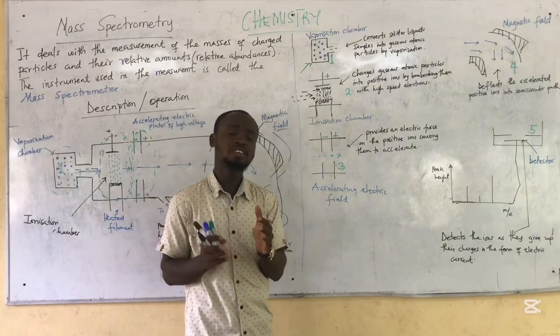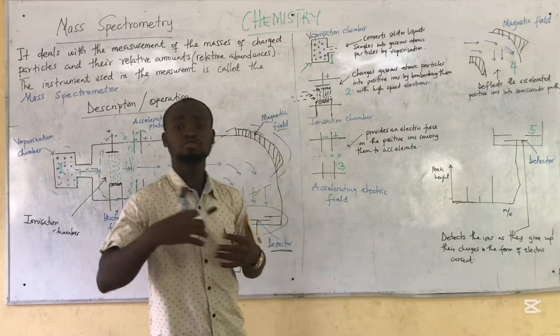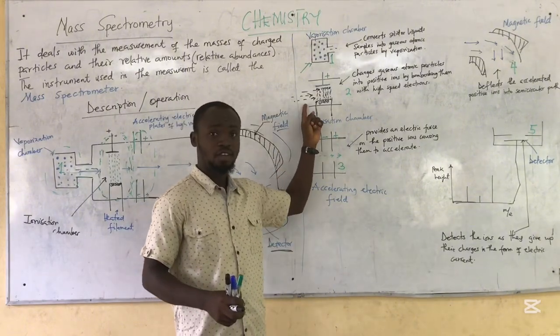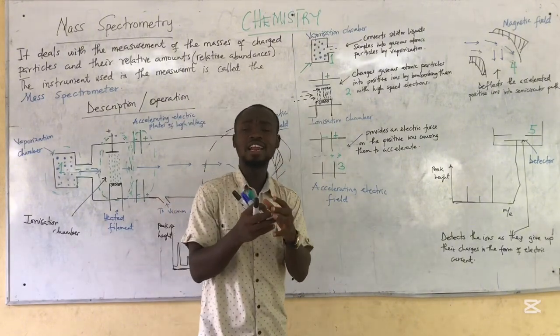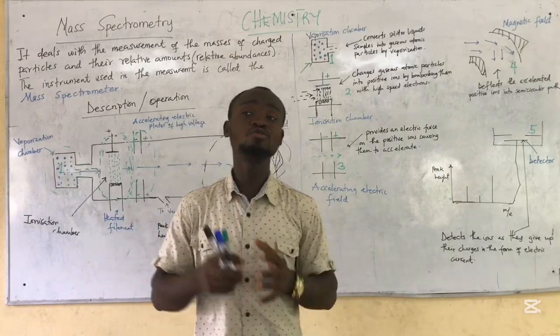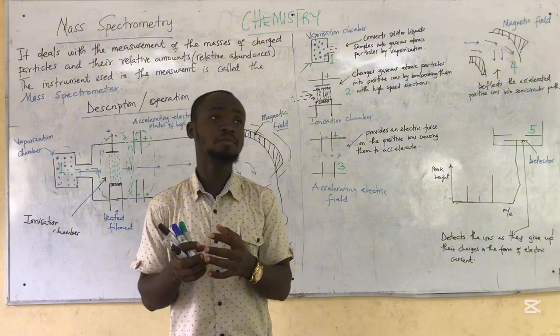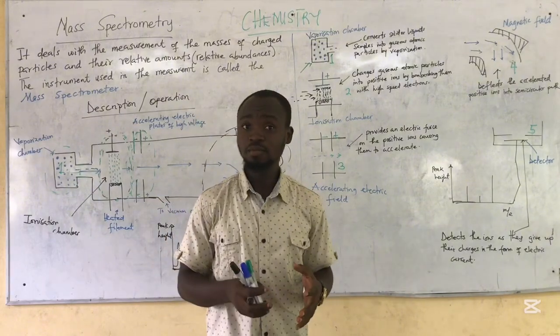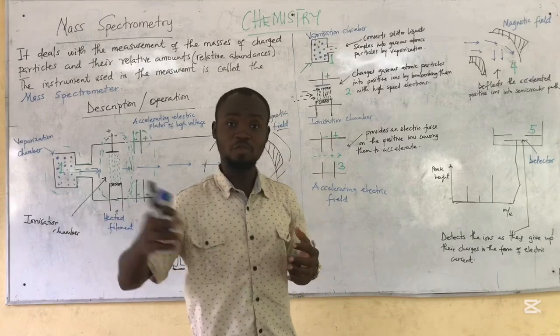Once the collision takes place, they knock an electron out of the gaseous atom. Once an electron is knocked off, the atom becomes an ion because it has lost an electron.